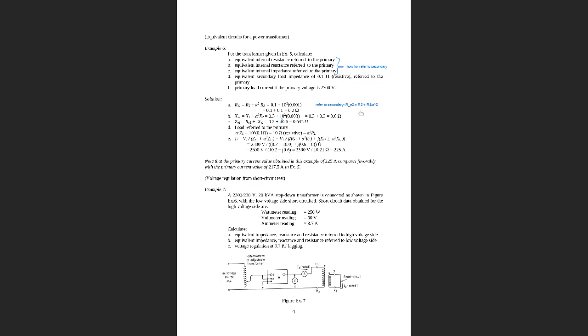So when referred to the secondary, they will change, right? Similarly for the reactance, and similarly for the impedance.